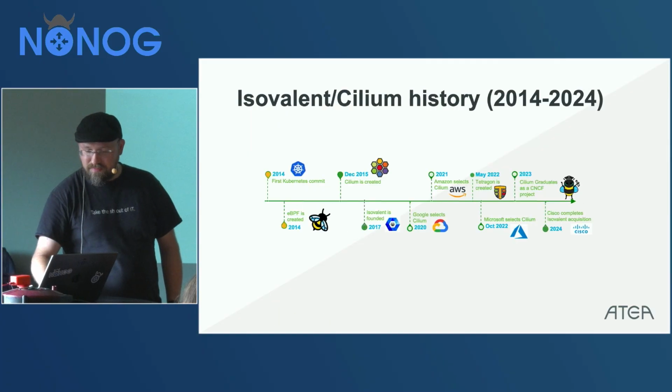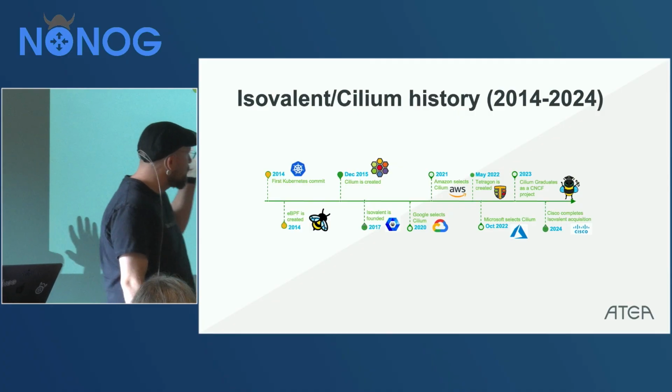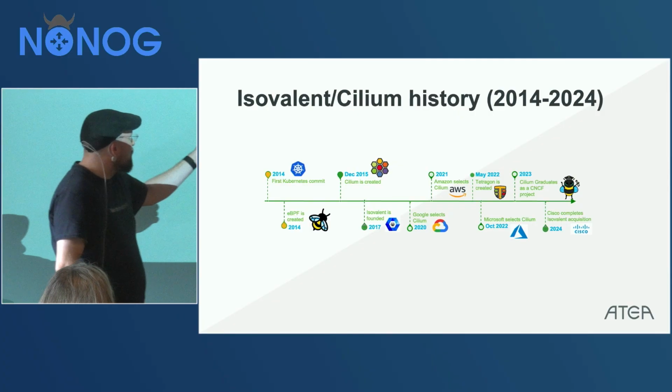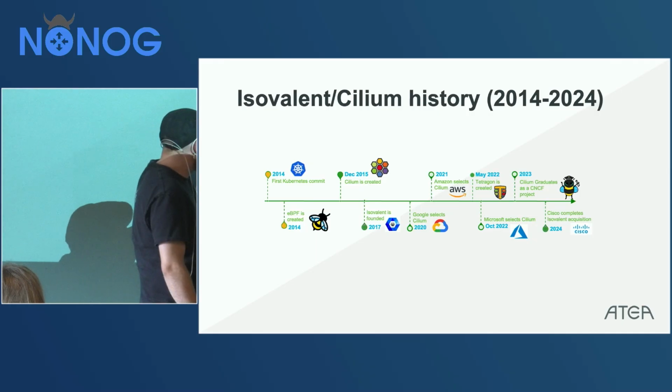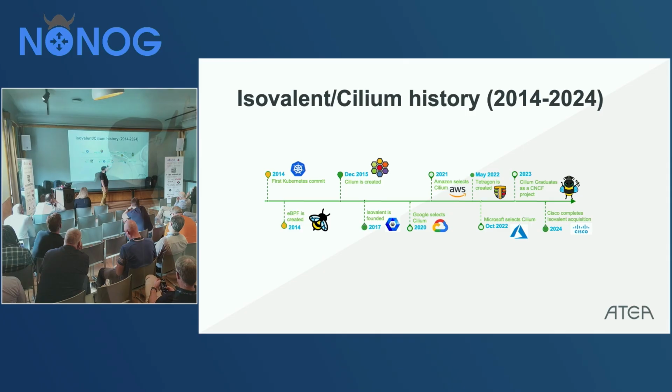So this is just a short timeline of the history of Isovalent. The most important elements I want to pull out are Google in 2020, Amazon in 2021, and Microsoft Azure in 2022.